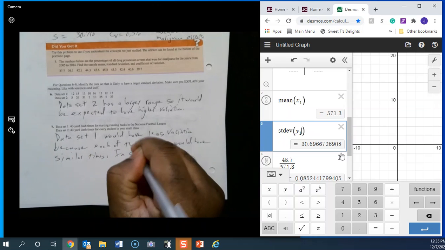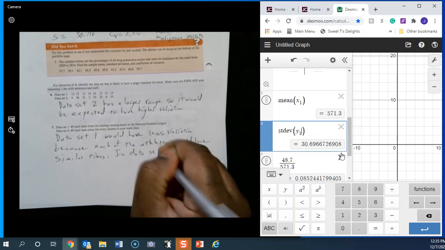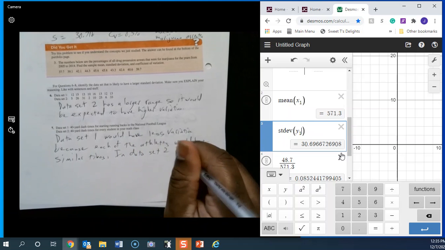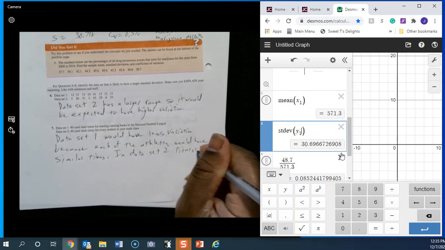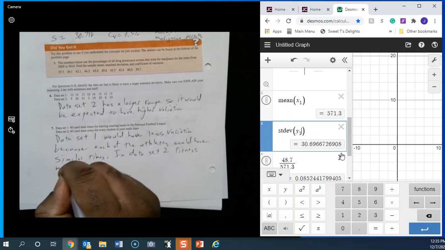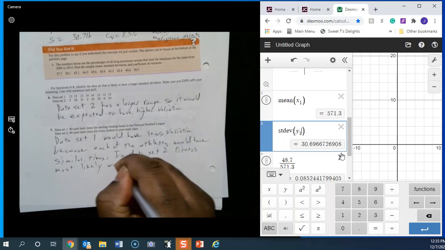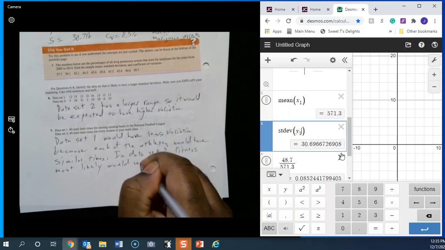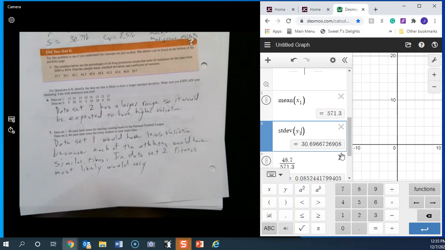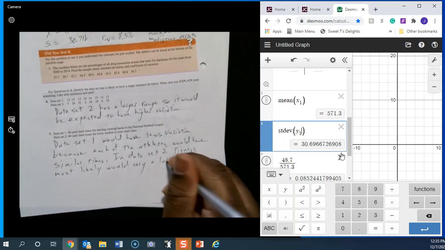In data set 2, fitness levels most likely would vary a lot.